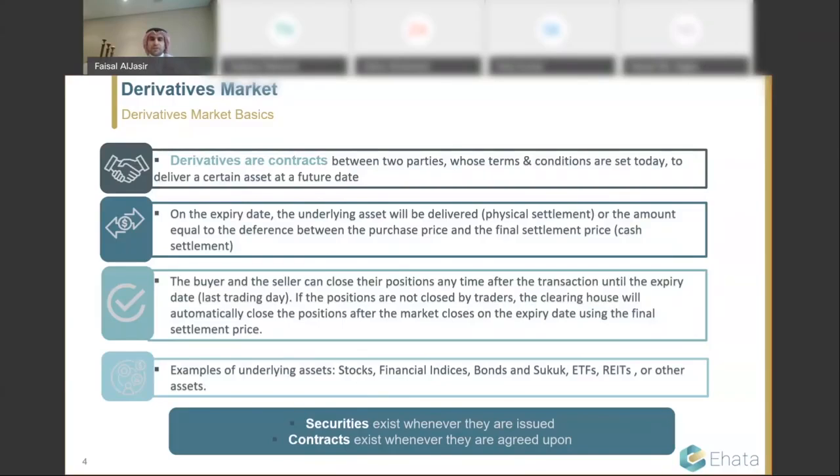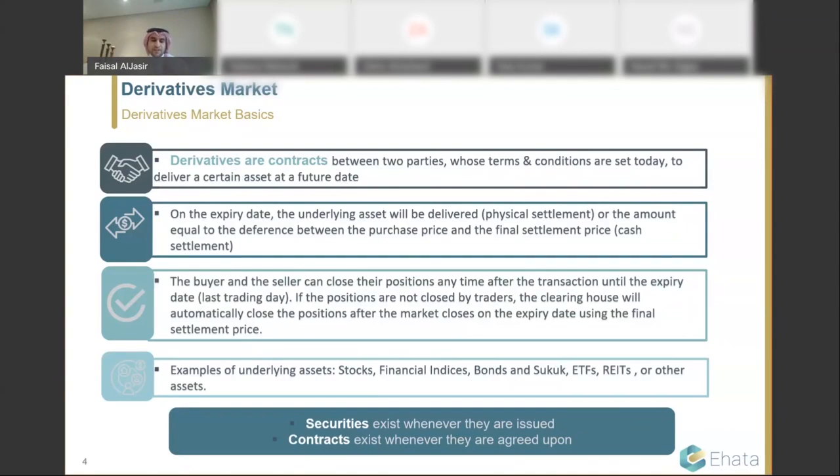Basically, there are a lot of examples of underlying assets. We're talking about stocks, financial indices, bonds, interest rates, foreign exchange. There is basically anything that has variability around it, and there is a buyer and a seller that are willing to enter into a contract to manage that variability.